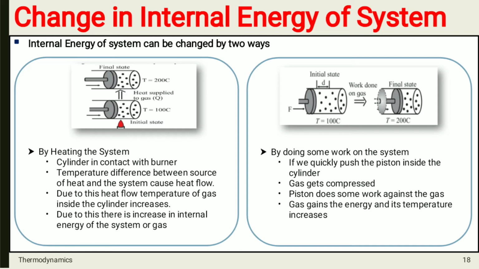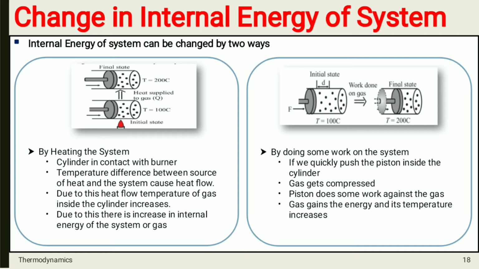Now you can see the second image where we are pushing a piston quickly inside the cylinder. By pushing piston inside the cylinder, volume of gas will decrease and gas gets compressed.